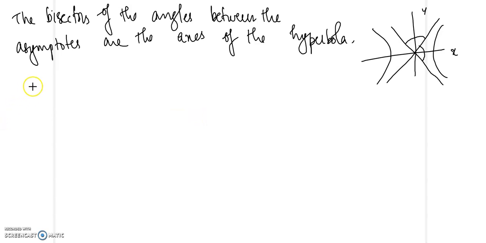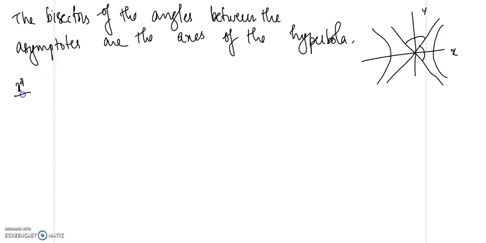And if you have the conjugate hyperbola, x square by a square minus y square by b square equal to minus 1, again the equation of the asymptotes is the same.